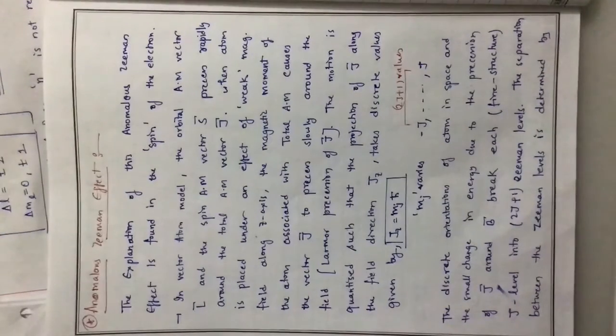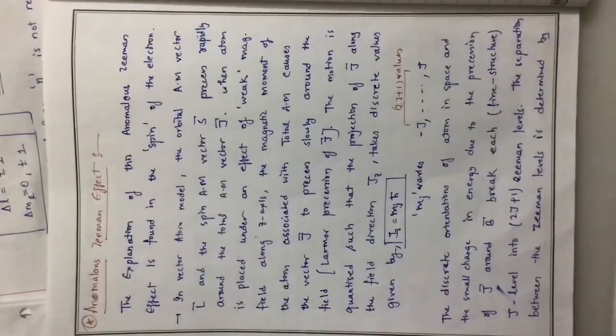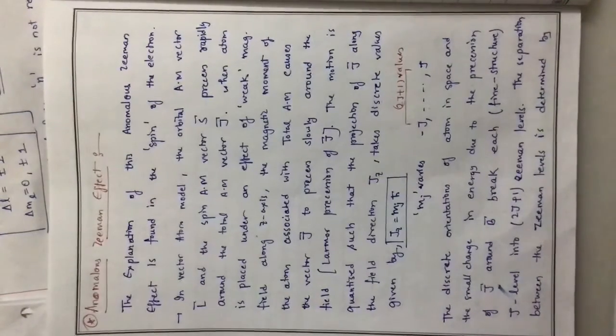And when the atom is placed in an external magnetic field, this J starts to precess around the external magnetic field, similarly to when we did the precession of orbital angular momentum around the magnetic field. Here in particular there is a spin factor, and because of that vector addition, the total angular momentum starts to precess around the external magnetic field direction.